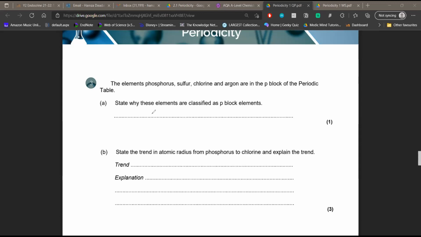Why? Yes, the atomic radius does decrease.